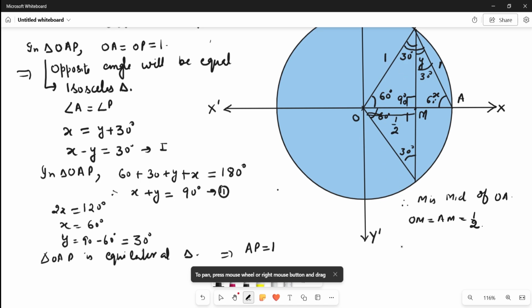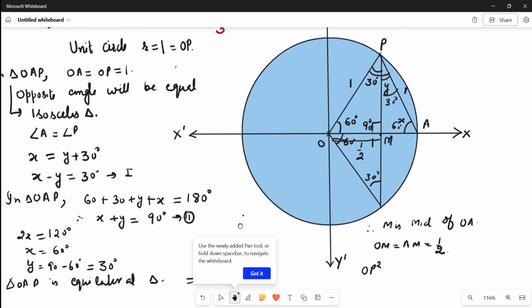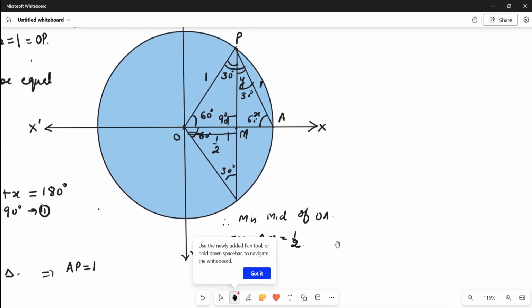Therefore, by Pythagoras theorem, OP square is equal to, in this triangle, OM square plus PM square.